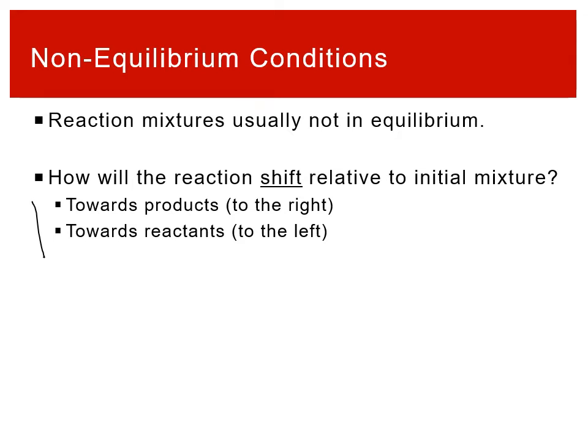We can either define it as towards the product side, or to the right, that's the side of the reaction we write the products on, the side of the arrow, or towards the reactants. Basically, we're saying, do we get more products present in going to equilibrium? Do more products show up than we started with, or more reactants? That sort of idea, this towards idea.